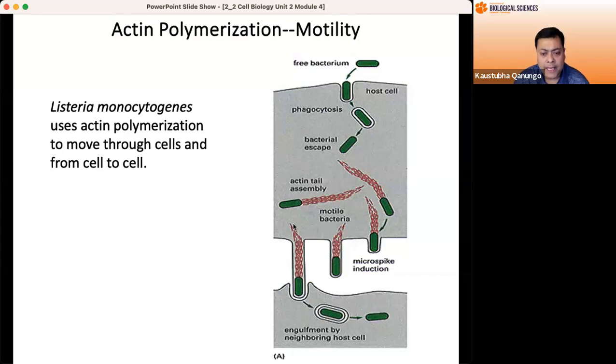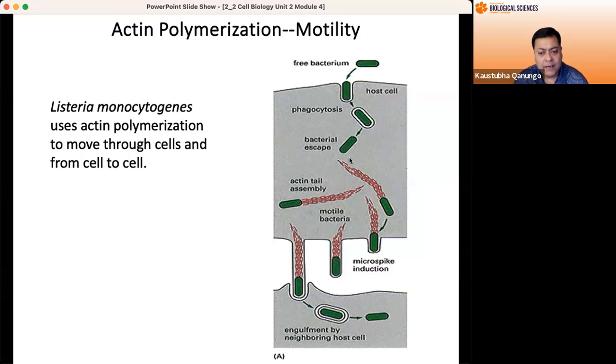Then they can propel themselves and protrude against the plasma membrane. They come with extreme force onto the plasma membrane, and the plasma membrane actually tears up, and then you can see that it is basically associated with the next cell. And this is how from one cell to the other cell these bacteria can move.